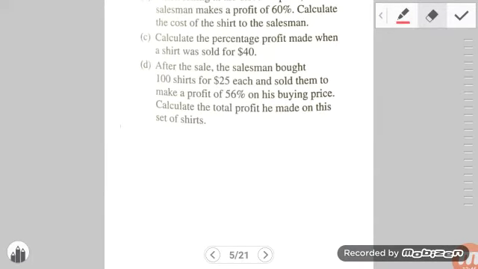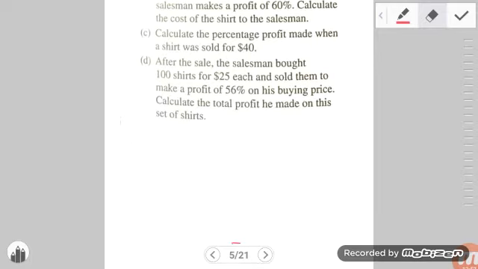So we now know the actual cost to the salesman is equal to $20.